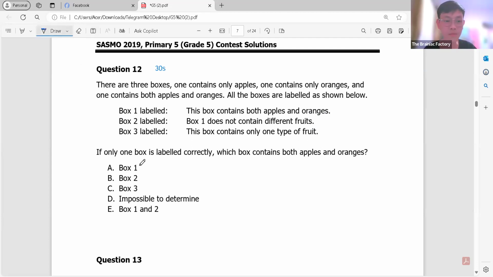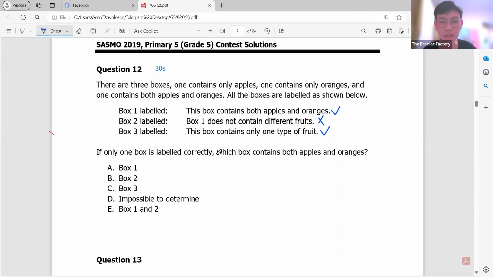So let's start from answer A. Let's assume that box 1 contains both apples and oranges, so the box 1 label is correct and the second is not correct as they are opposite, and the third one is also correct because both apples and oranges are already in box 1, so it cannot be in box 3, and box 3 must have only one type of fruit.